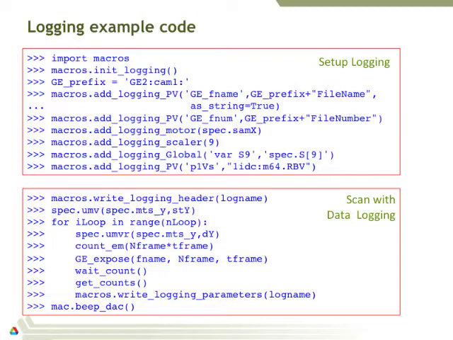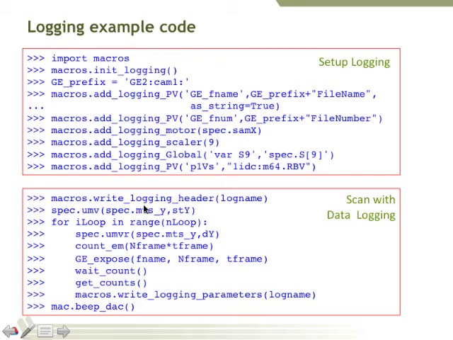So anyway, here's an example of some code just to give you an idea, where I have in the top box a list of commands that are going to define logging parameters, and then at the bottom a scan that's actually using logging.